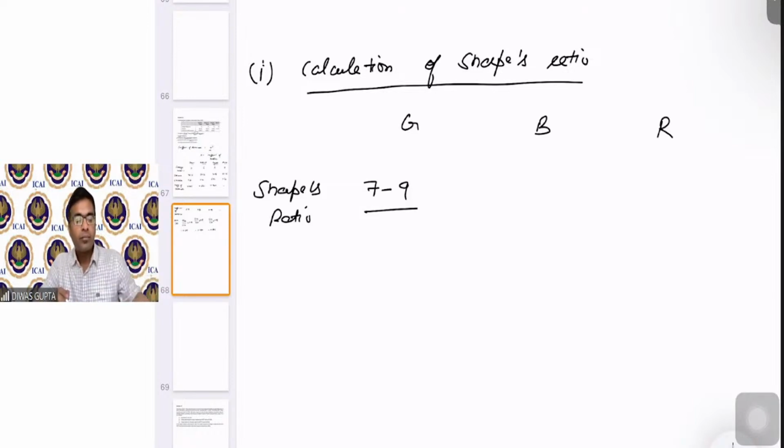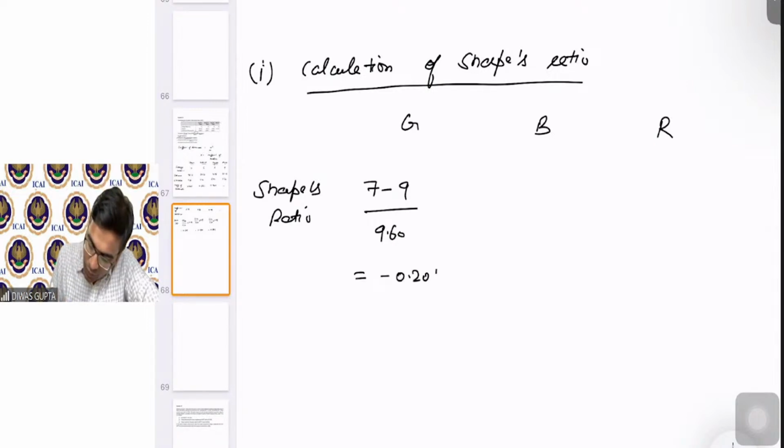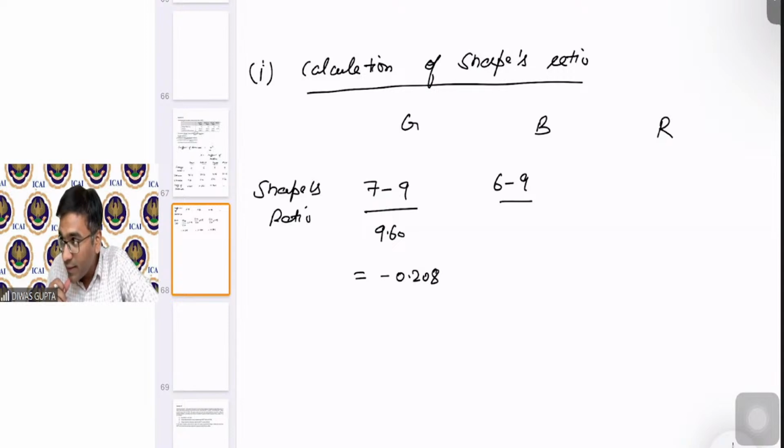However, our growth fund is giving only 7%. Though we will calculate the Sharpe's ratio, it will come out to be negative 0.208. Then B, 6 minus 9 divided by 7.40. Again for B also the average return is 6%, even lesser than what T-bills are offering.